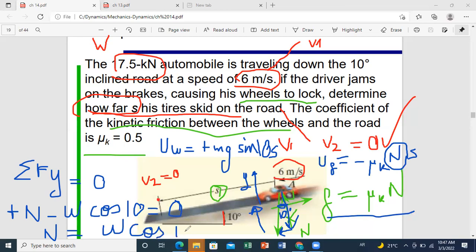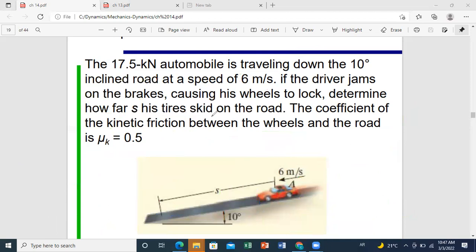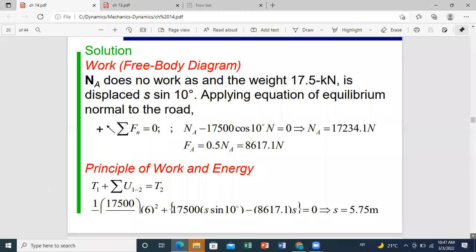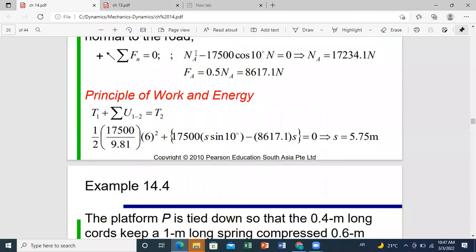And now, once you determine the value of n, you can replace it back into the work of the friction. And what is the only remaining unknown? s. So now all we have to do is apply the principle of work and energy between positions 1 and 2. We know that T1 represents the kinetic energy at state 1. We already have the initial velocity, so all we have to do is write half m v1 squared plus the sum of work of external forces.